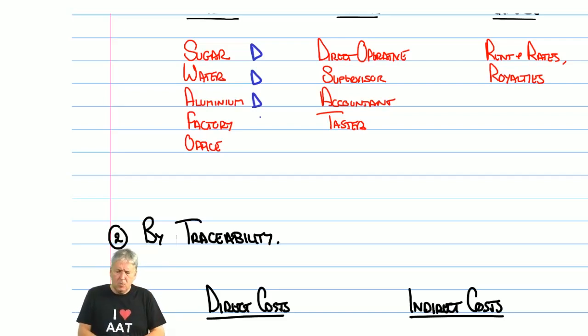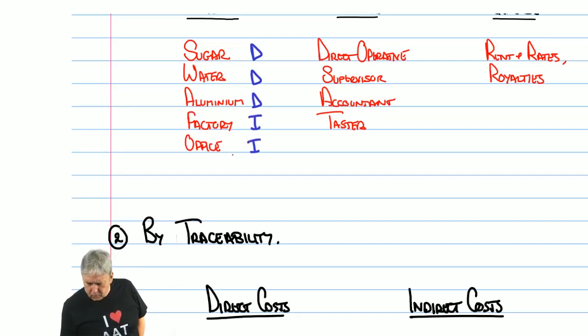Whereas things like the factory and office would be indirect. The direct operative, well, there's a clue in the title there, a direct cost, whereas any supervisory or management role will be indirect. The accountant, indirect. The taster, also presumably indirect.